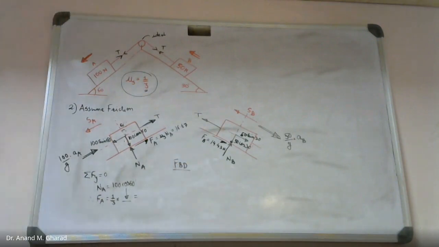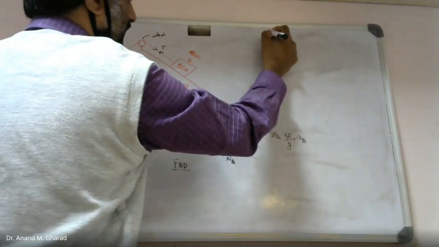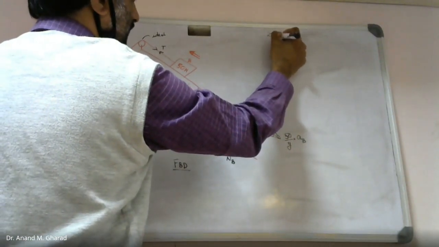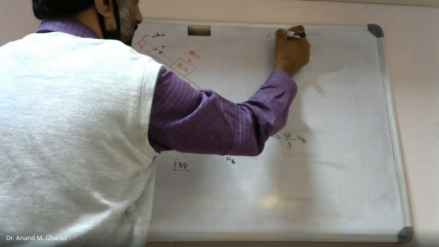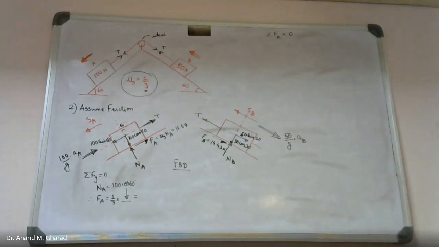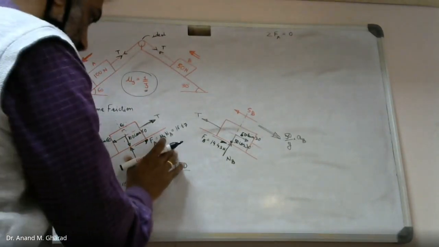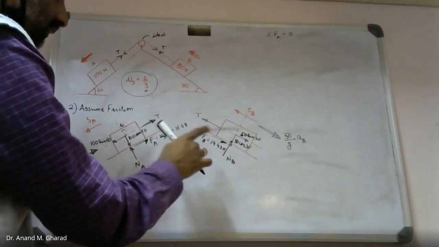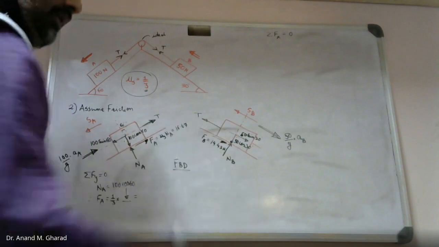Now we are free to make use of the dynamic equations of equilibrium. What are the dynamic equations of equilibrium? Summation of forces in x and y direction equal to 0. That is what we will be using. Before that, we need to identify the relationship between AA and AB.